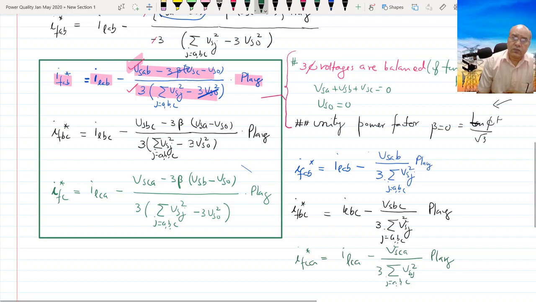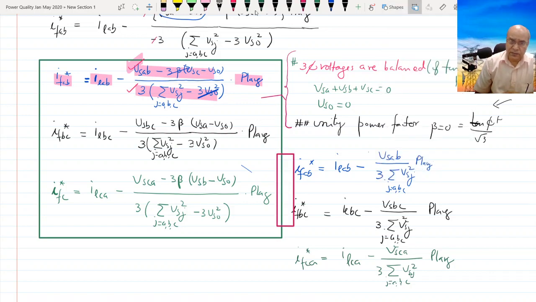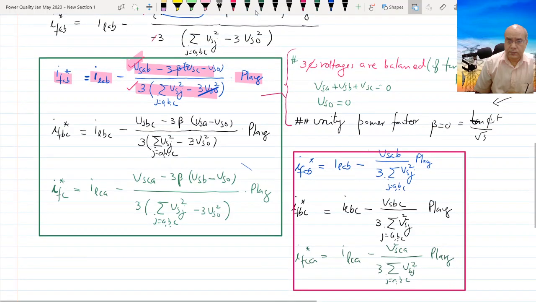If you look at this more carefully, then you will further observe that sigma VSJ square, last time if you remember we have computed this term, sigma VSJ square for phase voltages equal to 3V square.